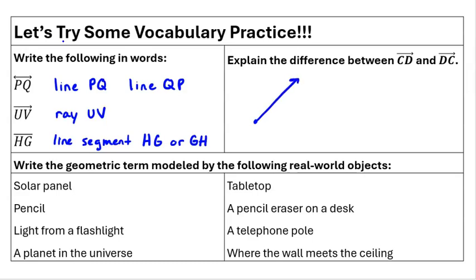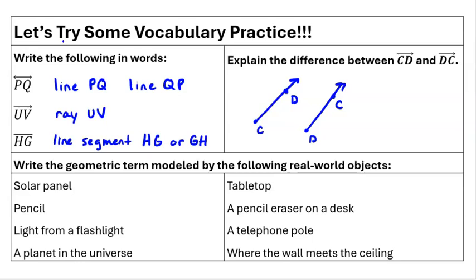But if you wanted to, you could draw this to explain the difference. On ray CD, we see that C is the endpoint. And then for ray DC, we can see that D is that endpoint there. So these two have different endpoints.